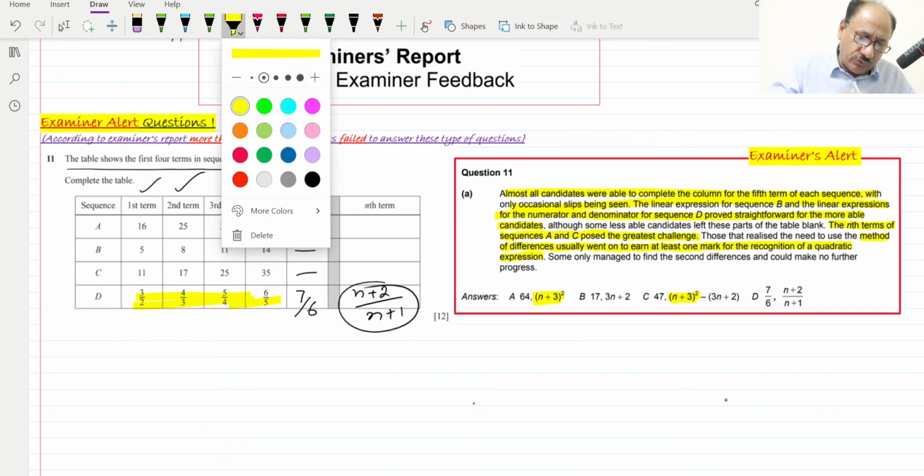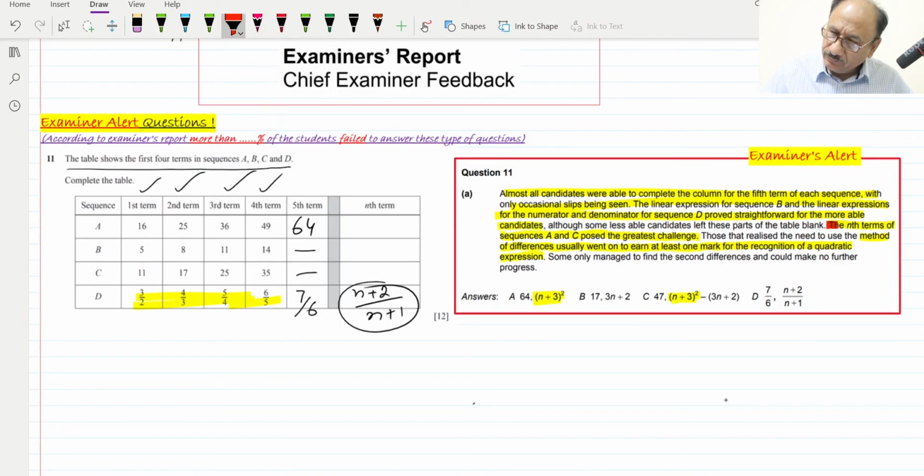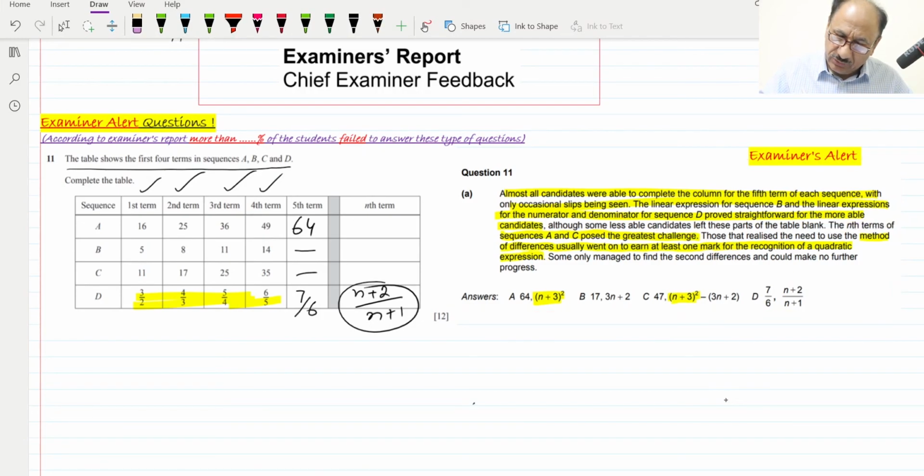But the second portion, which was problem creating for the students, is this one, the nth term. The nth term is not readable, so I will remove this one so that you can read it easily. The nth term of sequence A and C posed the greatest challenge.